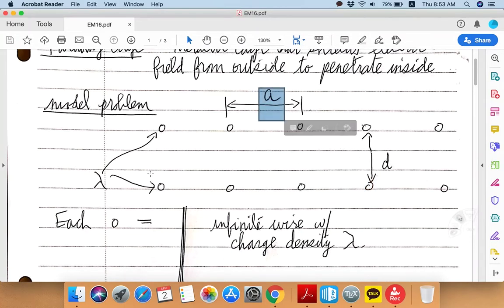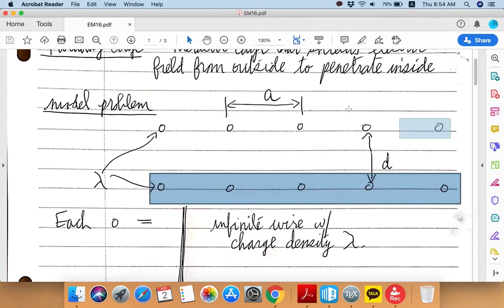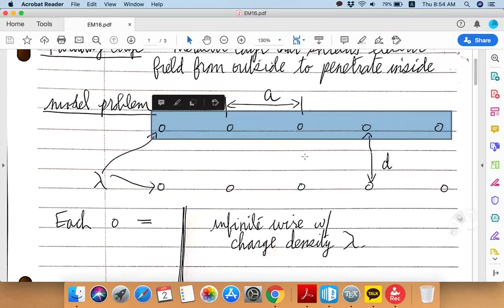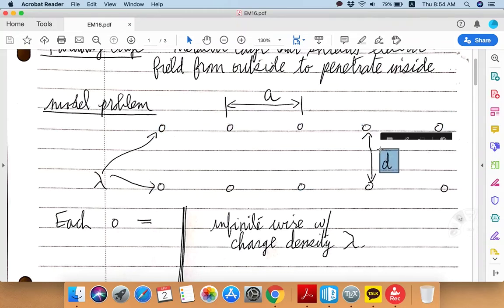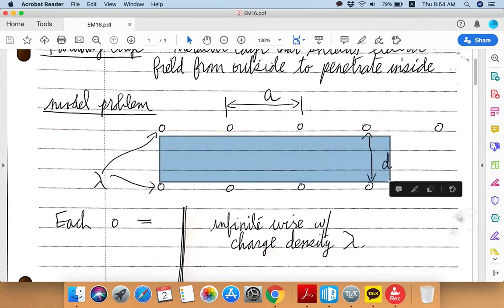And we have two such layers, one layer at the bottom like this, another layer at the top, and they're separated by the distance of d. So presumably a person living inside in between the two layers, for example, in this region, will have little experience of the electric field because of the shielding coming from these wires.